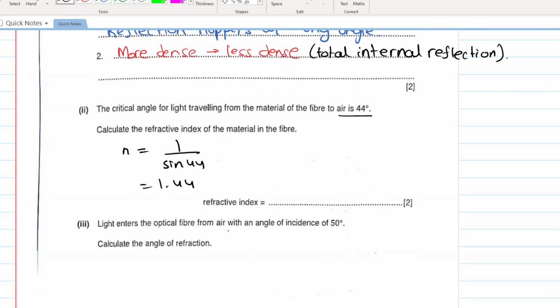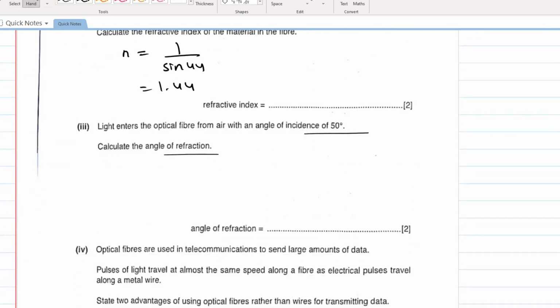Light enters the optical fiber from the air at an angle of incidence. Calculate the angle of refraction. Very easy. We already know the refractive index. 1.44 is equal to sine i over sine r. What is your sine i? Sine 50.